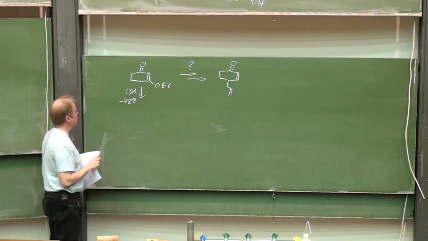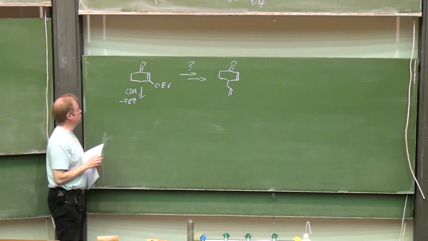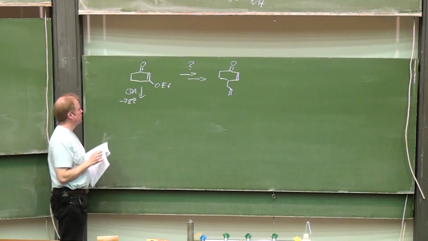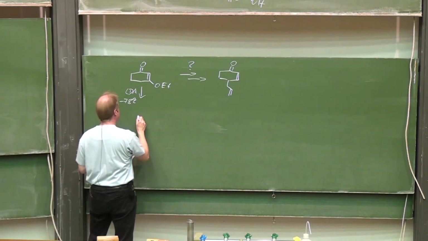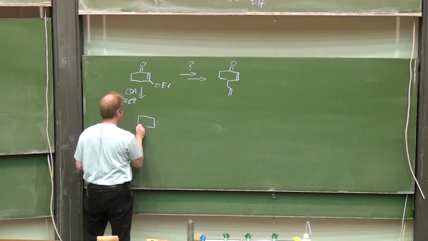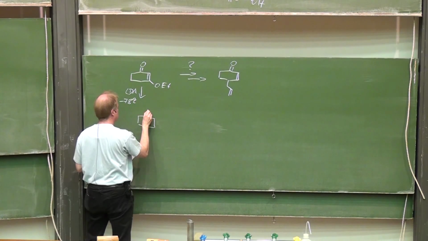Under these reaction conditions, we will get the kinetically favored enolate, and this is the cross-conjugated one.